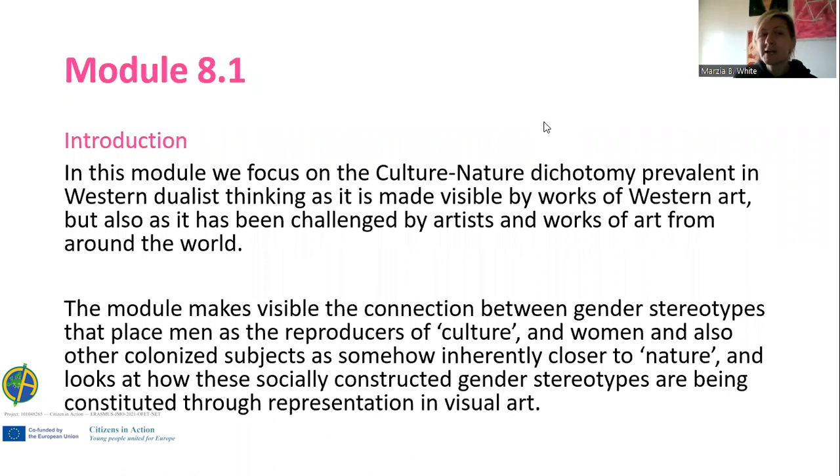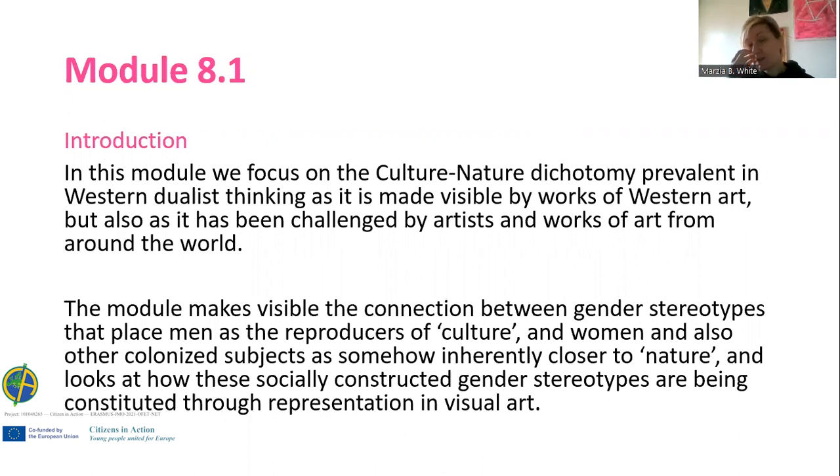In module number 8, we focus on the culture-nature dichotomy prevalent in Western dualist thinking as it's made visible by works of Western art, but also as it has been challenged by artists and works of art from around the world.